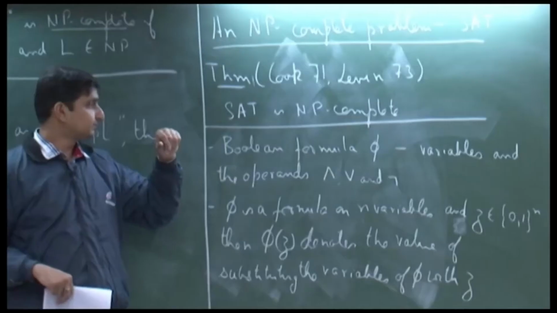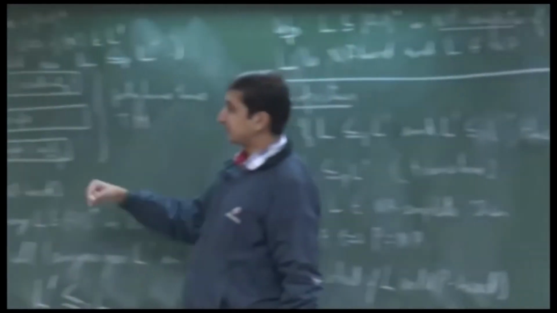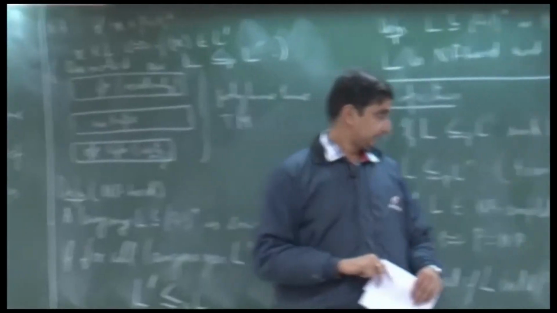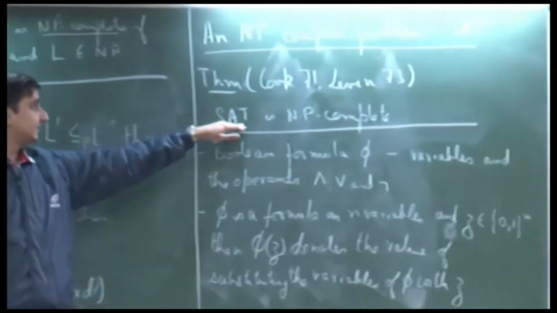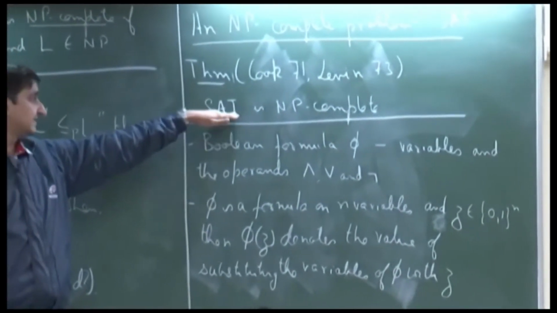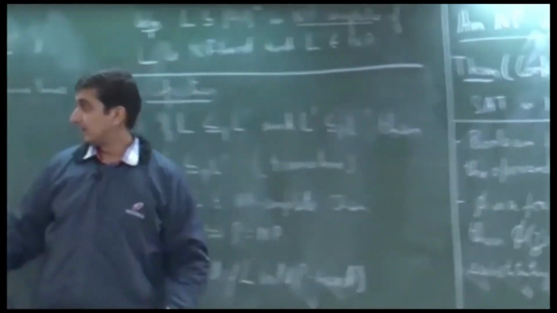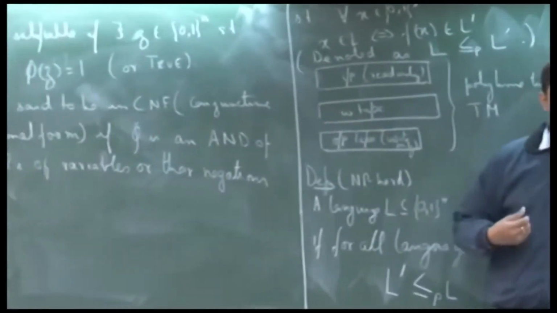And in fact what we will prove is that a Boolean formula which is in conjunctive normal form. So, basically the language SAT will consist of all Boolean formulas in conjunctive normal form which are satisfiable.